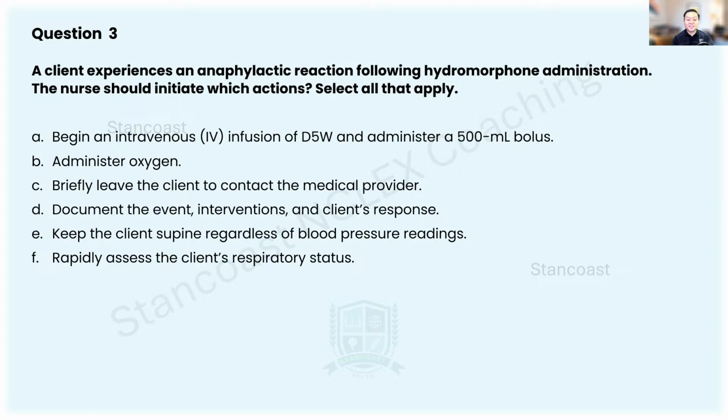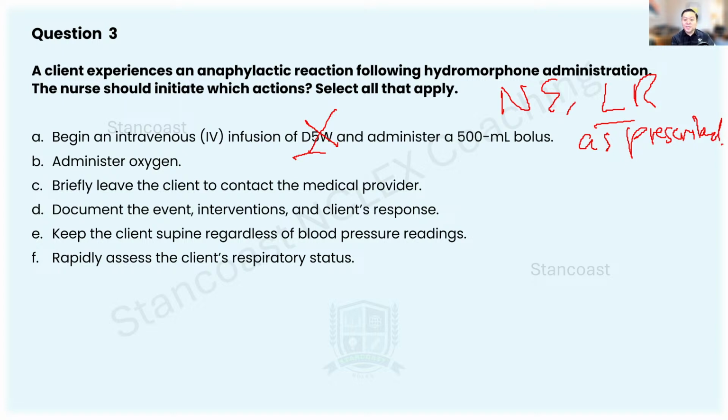It's not known to be used as the bolus for this patient. It is not an appropriate type of IV fluid. Dextrose is wrong. Always use NS or lactated ringers as prescribed. Okay? Only NS or lactated ringers.